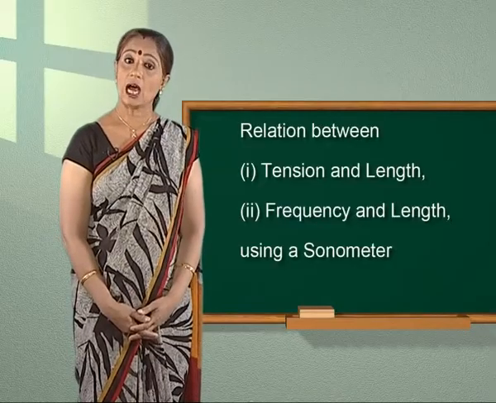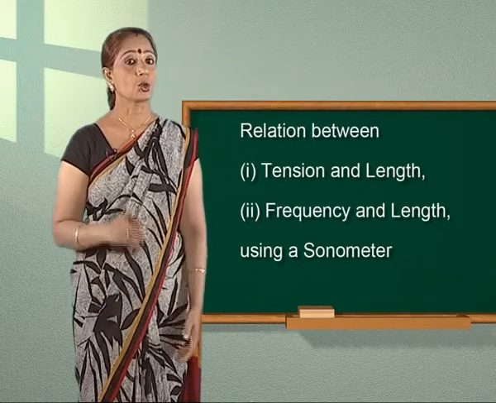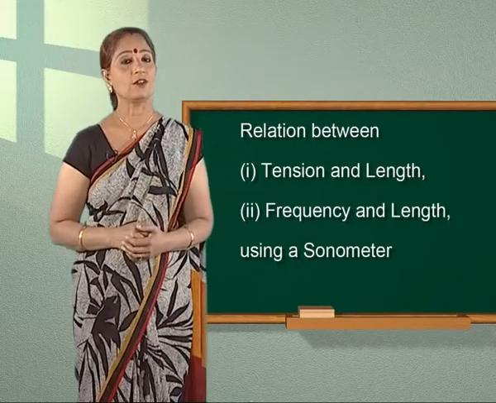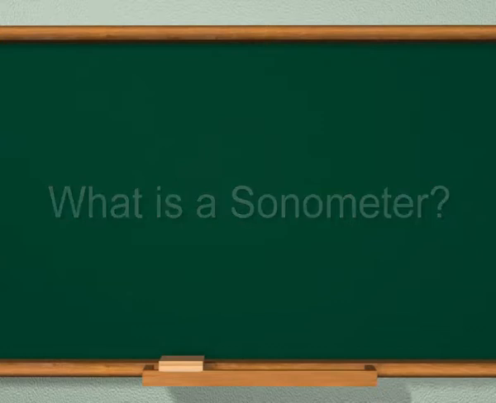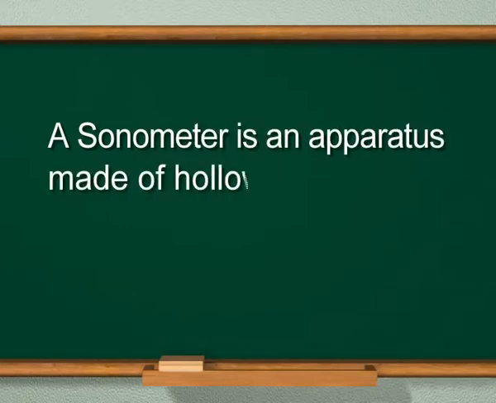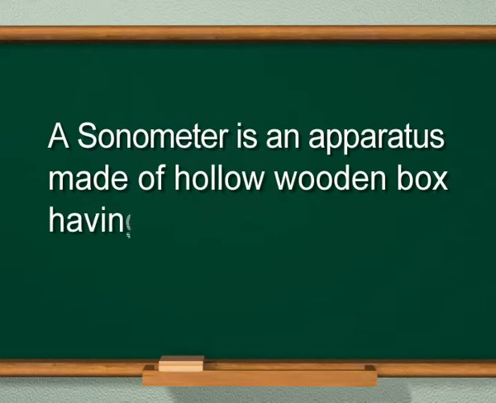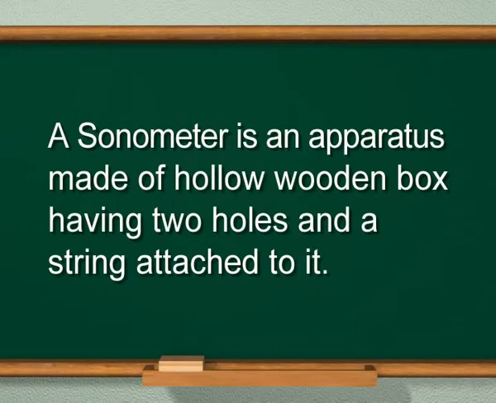Students, now I am going to introduce some questions suitable for viva of these experiments. My first question is, what is a sonometer? The answer to this question is, a sonometer is an apparatus made of hollow wooden box having two holes and a string attached to it.